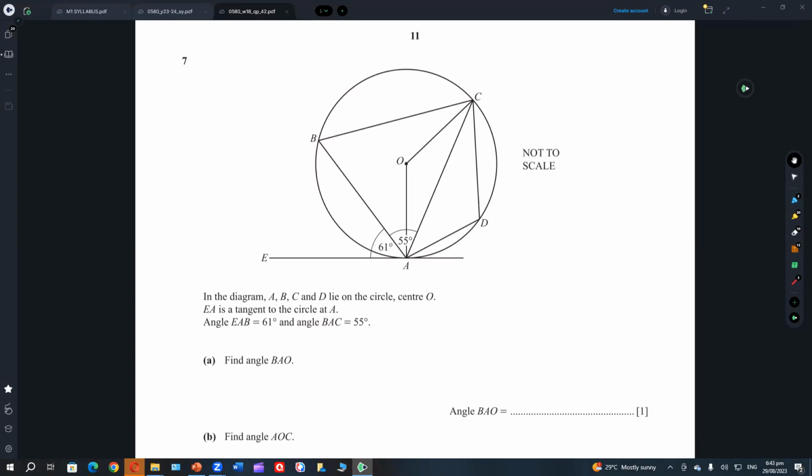Now look at this question number 7. In the diagram, A, B, C, and D lie on the circle center O. Find angle BAO.